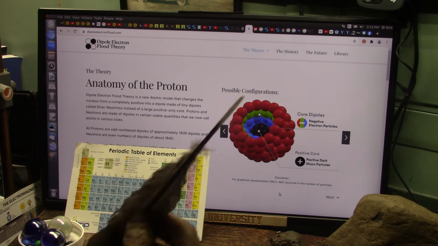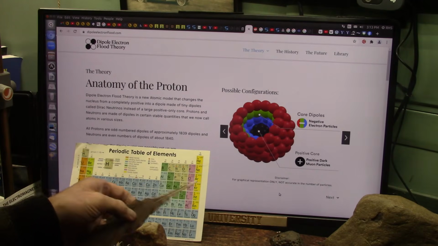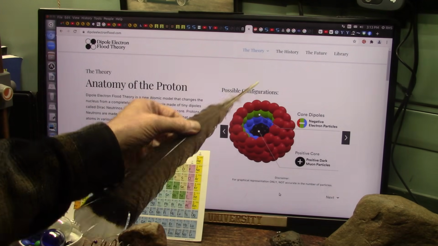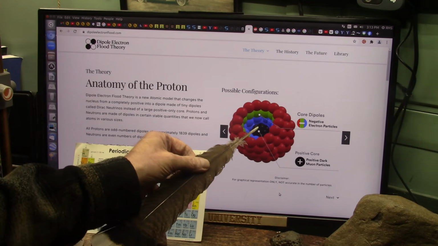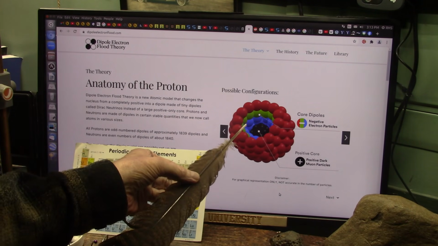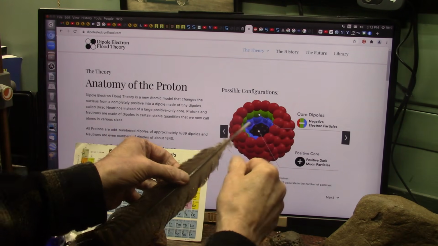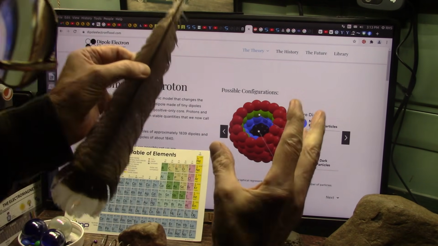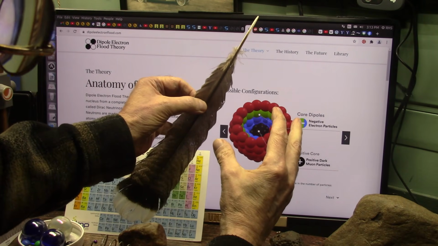Okay. Dipole electron flood theory says hydrogen gas is the smallest particle, a single proton, and it's also very volatile. If you spark that, it will explode because it has nowhere else to go other than an explosion. It's at the smallest stable state it can be at.